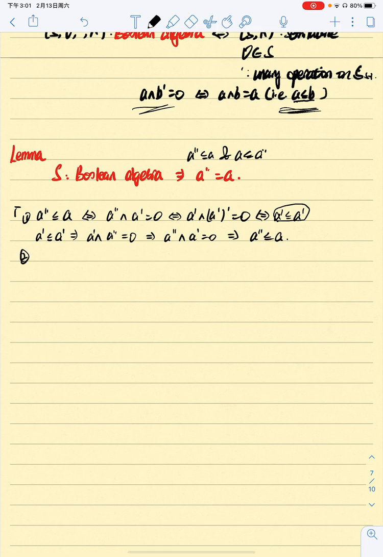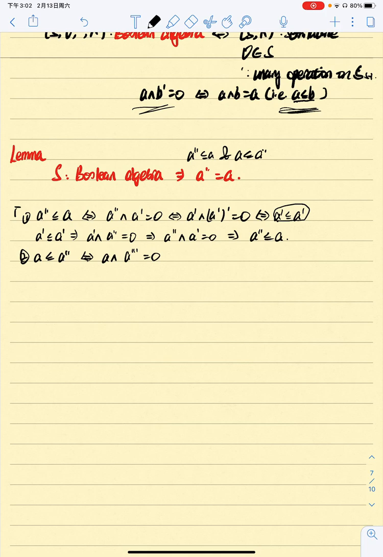Okay. And the second, we should prove A smaller than A double prime. To get this one, we should get A and A triple prime is 0.